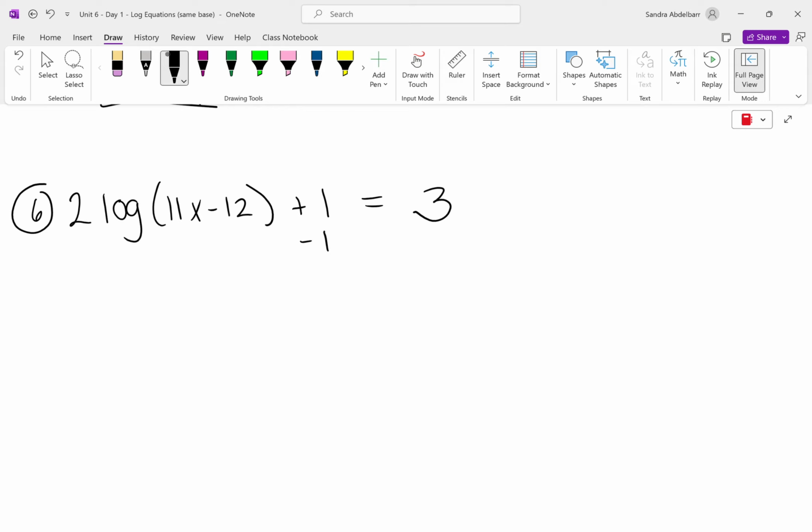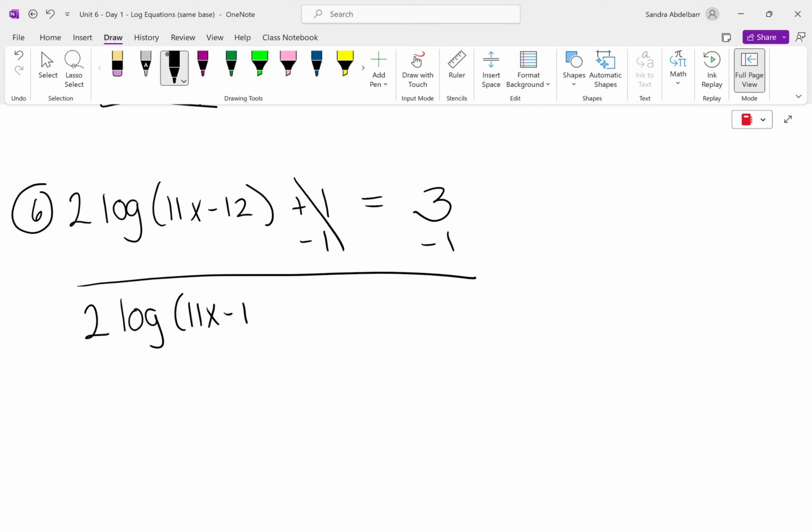How do you think we're going to move things to the other side? Good. I'm going to subtract that 1. So now we have 2 times the log of 11x minus 12 equals 2. What do you think I'm going to do now? Can't you make it an exponent? We don't want to bring it to an exponent, no. We would have brought it into an exponent if it was log equals log.